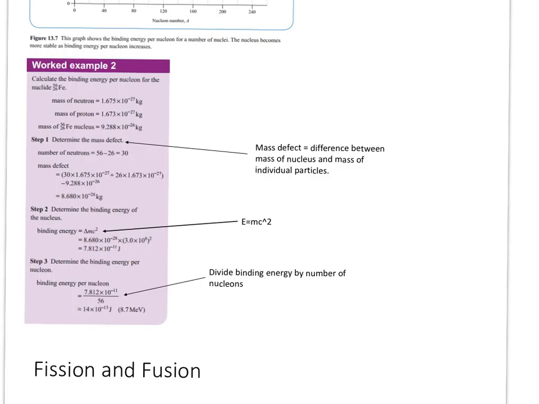The mass defect is the mass of the protons and neutrons minus the mass of the nucleus itself, which gives that value. That value then needs to be put into delta m c squared, c being the speed of light, to determine the binding energy, and the binding energy per nucleon is the binding energy divided by the number of nucleons. It also gives it in electron volts.